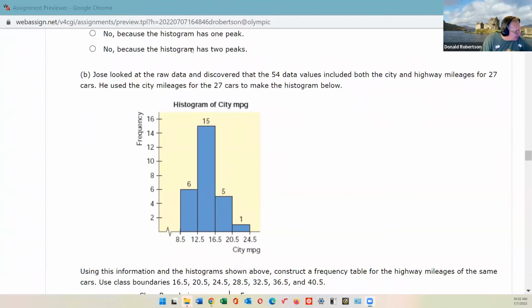And this is what the histogram looks like when you drive your car in the city. Now, when you look at that, we agree that is definitely unimodal now. I'm pushing it, but I'm going to ask it. Do you think it's skewed right, or there's enough of it to maybe say it's skewed right?